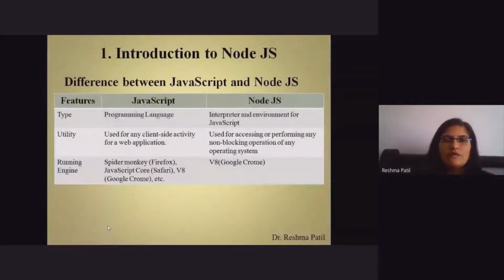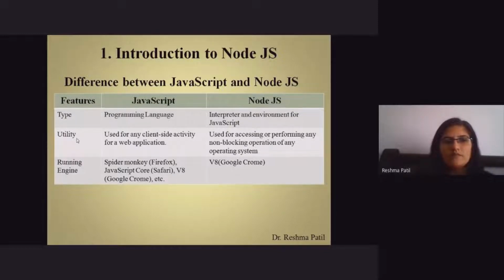Now, the difference between JavaScript and Node.js. They have given some features on the basis of which the difference between JavaScript and Node.js is described. The first feature is type. JavaScript is a programming language, and Node.js is an interpreter or environment for JavaScript. This means Node.js is a runtime environment where we execute JavaScript applications, but JavaScript is the actual programming language.